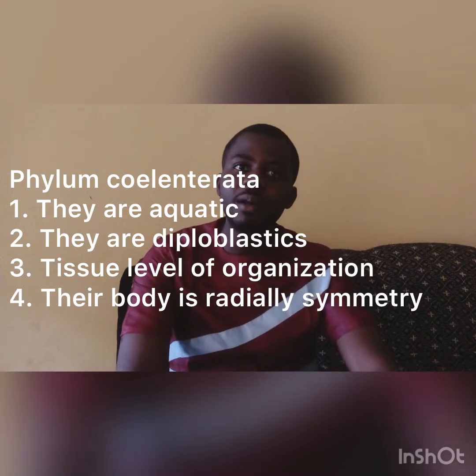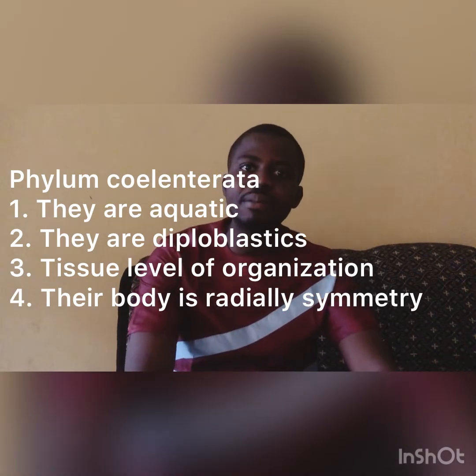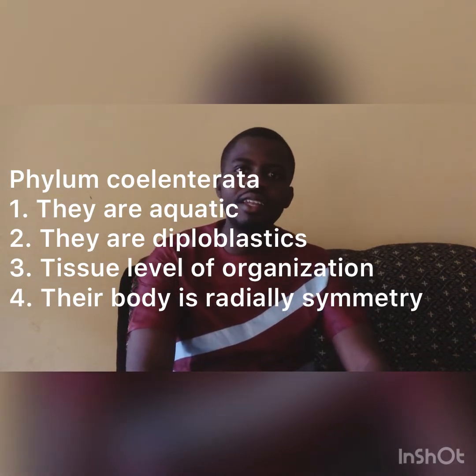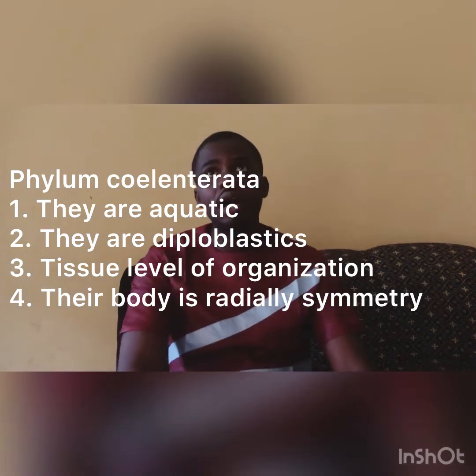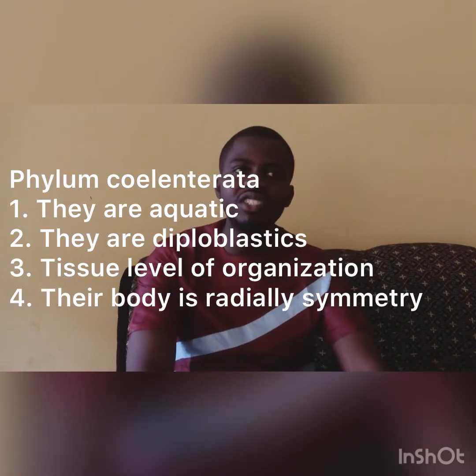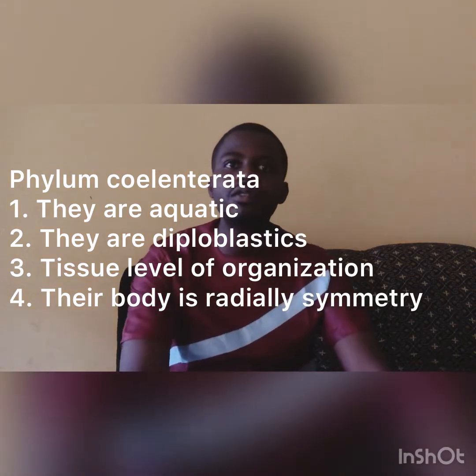And then the fourth thing about them is that they are radially symmetrical, and some of their examples are your Hydra. That's a very good example. So know that Hydra is a member of the phylum Coelenterata.